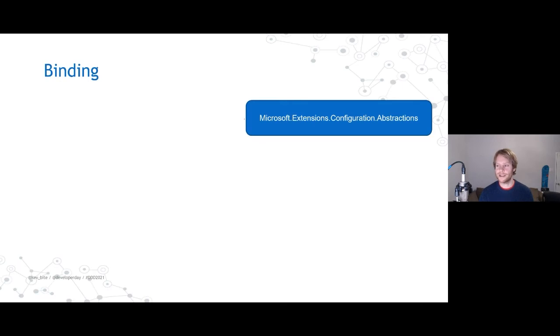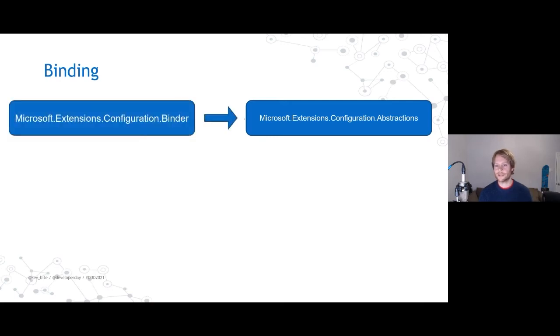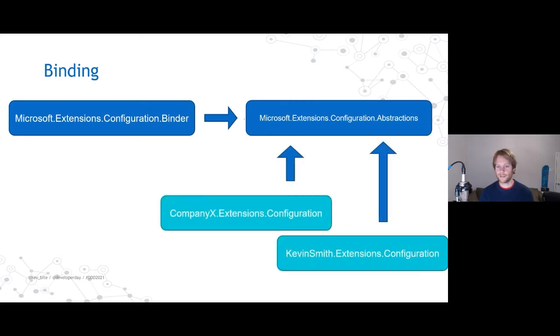So if you've created your own implementation of the configuration abstractions, the bindings will still continue working, which is quite cool. The bindings are inside Microsoft.Extensions.Configuration.Binding, but as I said, you can also apply them to any other configurations which you provide as an implementation.